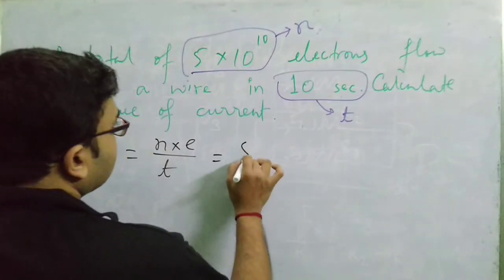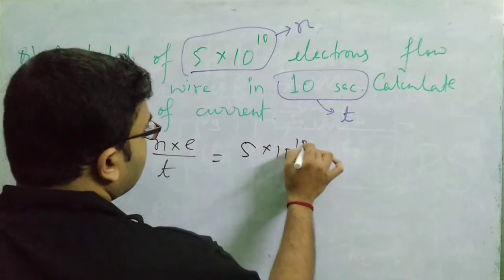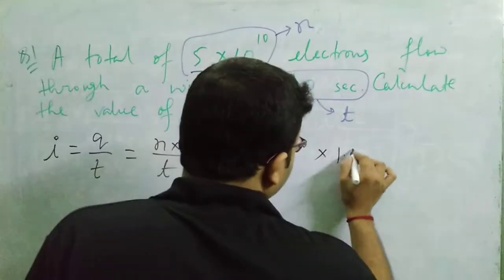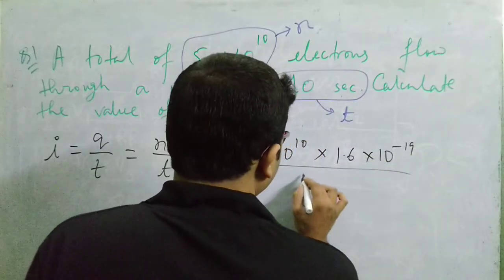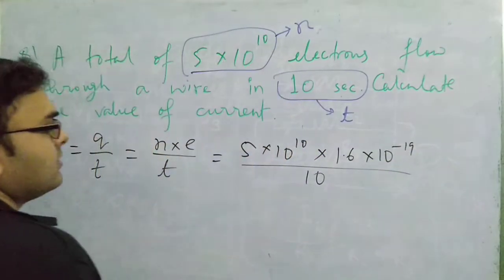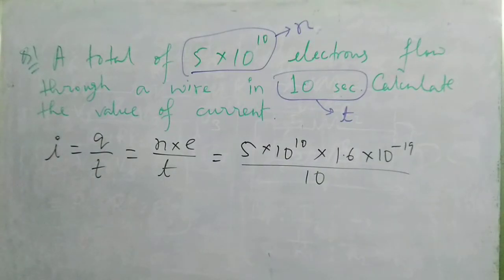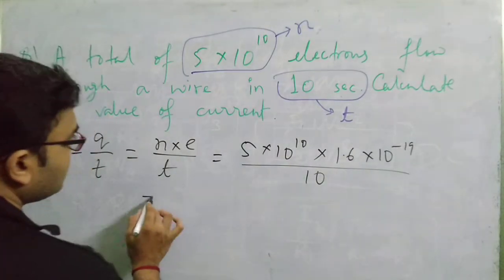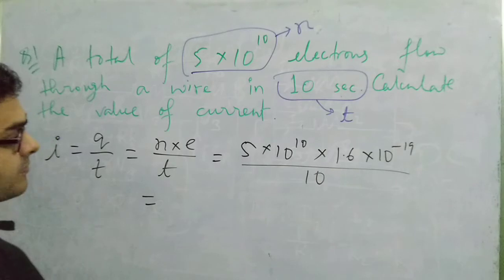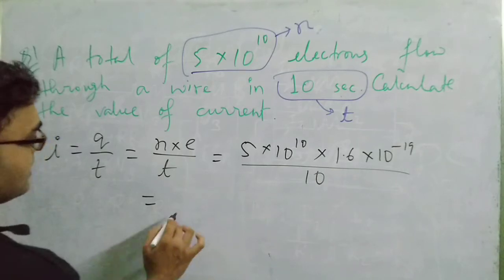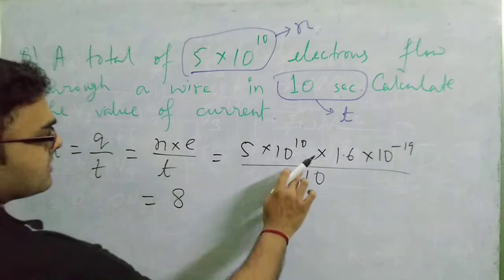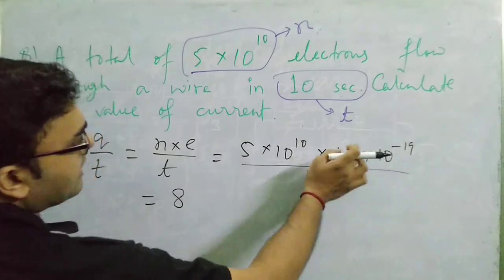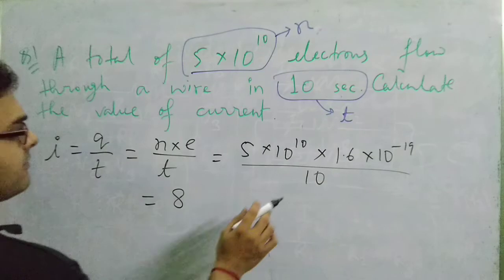So what is the value of n? 5 into 10 to the power 10. What is the value of e? 1.6 into 10 to the power minus 19 coulomb, by time 10 seconds. So solving this, what is the answer you are getting? Just let us see. 5 into 1.6 is 8, and here it is 10 to the power minus 19 and 10 to the power 10, so 10 to the power minus 9.